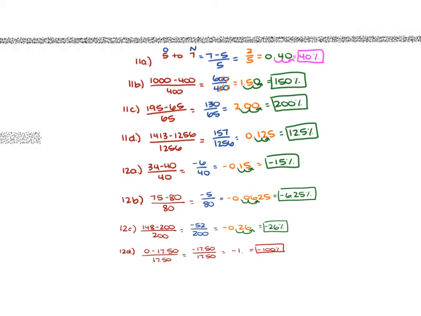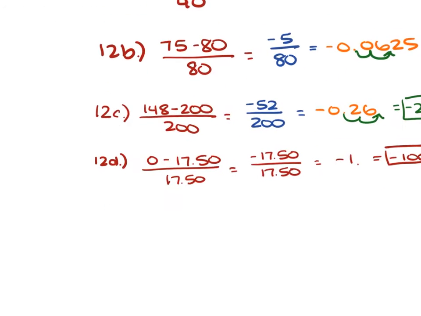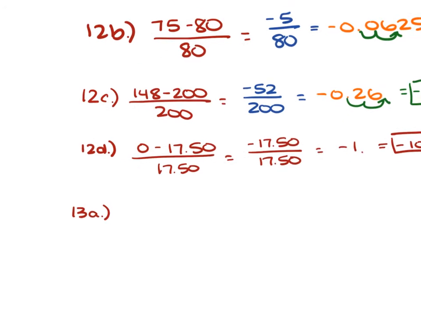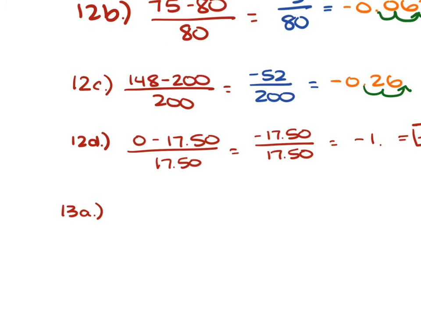For 13, we're estimating each percent of change. Show your work. We are just going to find the percent of change here and round to the nearest 100th place value if we need to. So for A, we have 97 to 74. New minus original over the original.